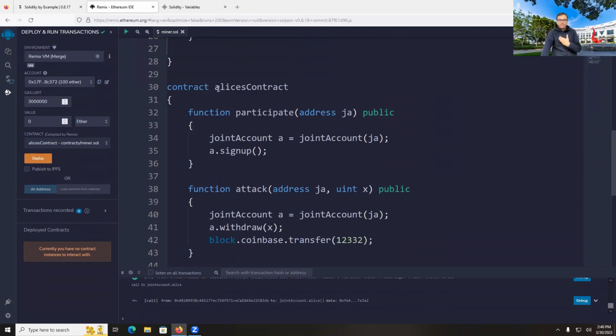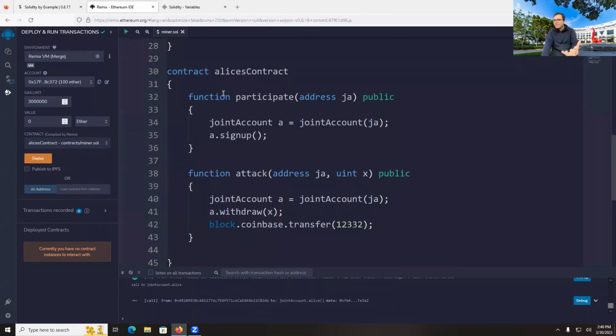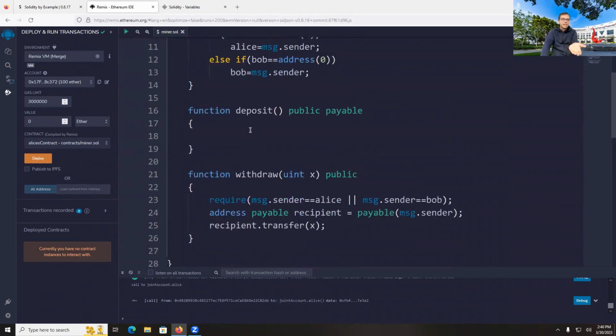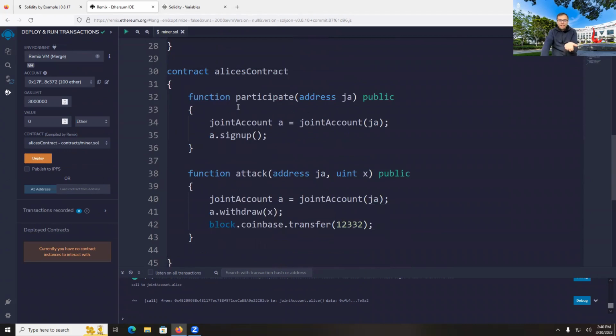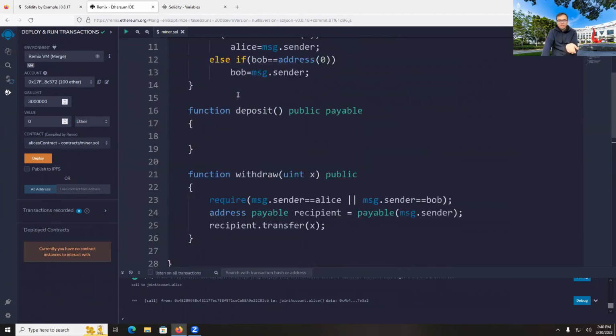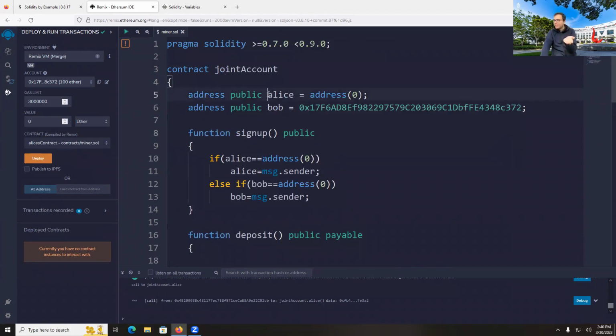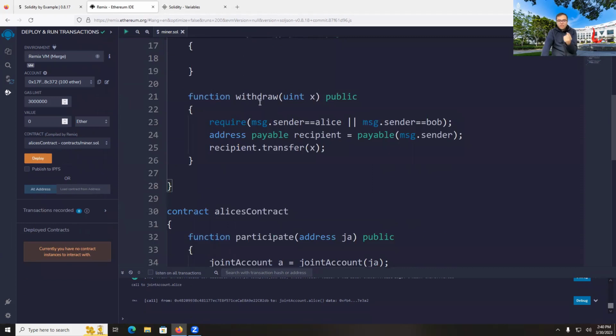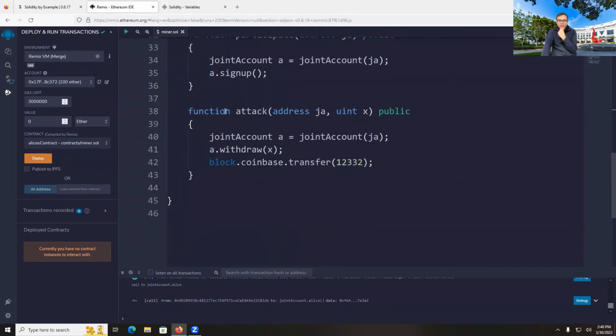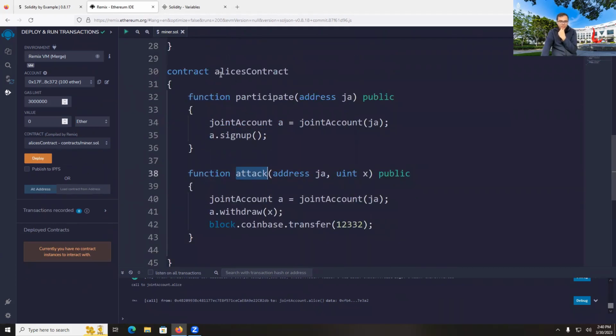So I first publish this contract, which is just written in order to attack the previous contract. And then I call the participate function in this contract so that this contract becomes the Alice in this contract. Okay. Now, instead of calling withdraw directly, later on, I call the attack function of my Alice's contract.